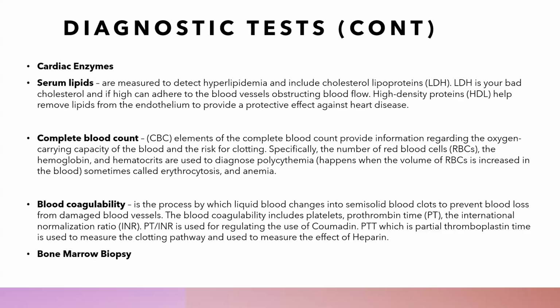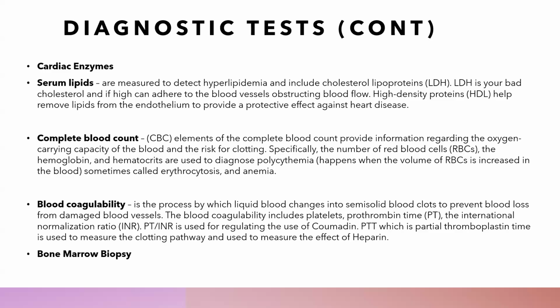Our hemoglobin and hematocrit are also used to diagnose whether or not a person is anemic or if they have polycythemia. It will affect their heart and their blood volume. If they have polycythemia, they produce too many red blood cells or too much blood, then their volume of blood is going to be higher, and that can put a strain on the heart as well.